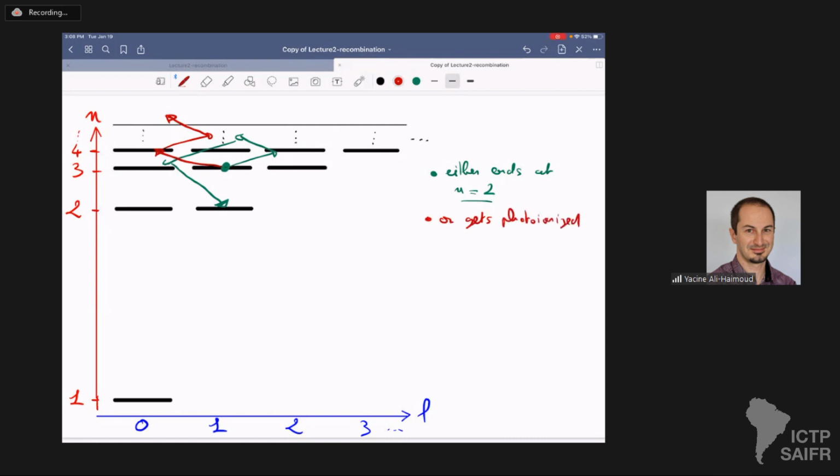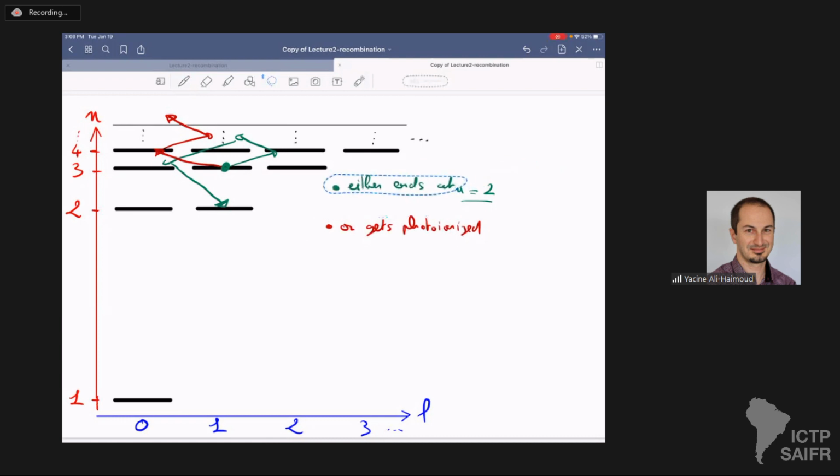So there are two ends to this atom that forms in an excited state. Either eventually it gets to n equal 2, or it gets photoionized again, in which case we don't really care. We only care about atoms that actually do make it to at least n equal 2. So let's call this probability of making it to n equal 2, p from nL to 2.